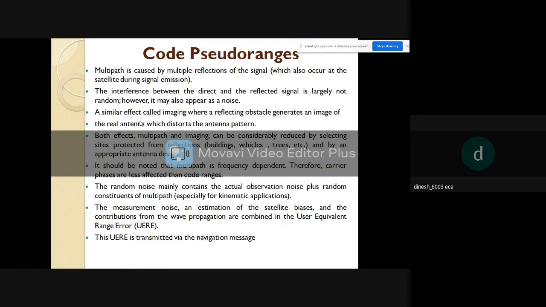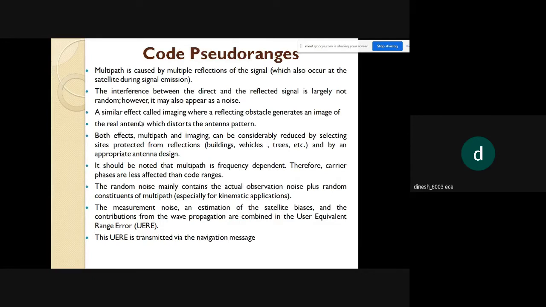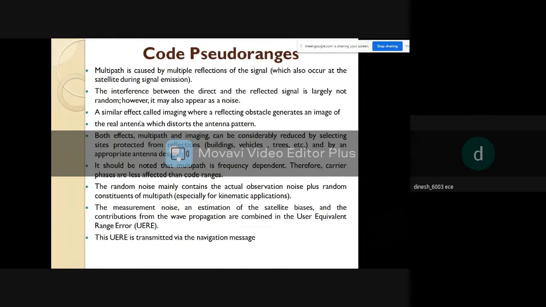By designing an appropriate antenna, we can eliminate the multipath effects and the imaging effects which occur due to these reflections. And it is to be noted that the multipath is always frequency dependent. Hence, carrier phases are always less affected than the code ranges.